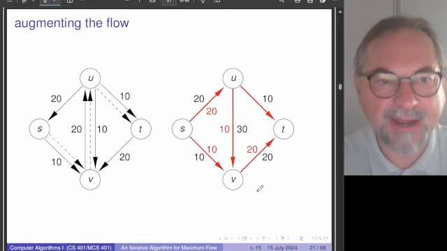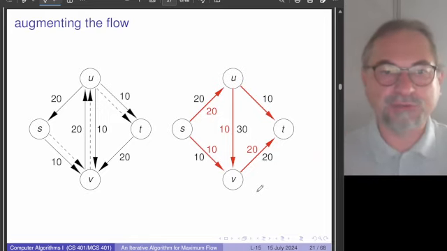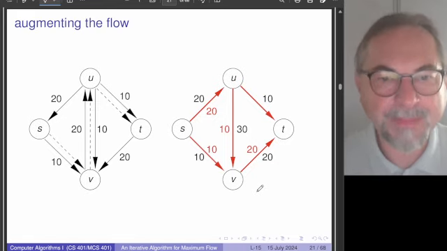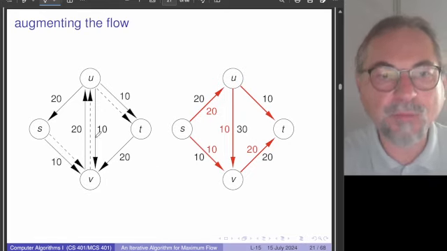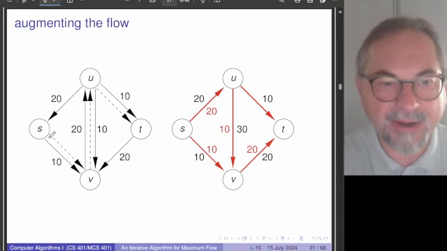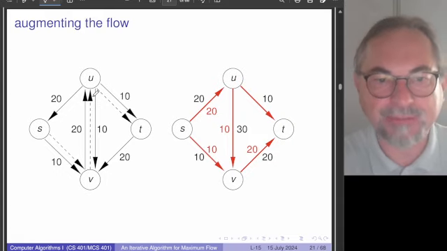So if we have found an augmenting path, at the left in the dashed edges, you see the path from source to sink in the residual graph. And then we impose the flow. On the forward edges, we add 10. On the backward edges, we subtract 10.